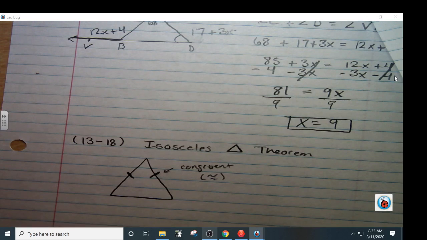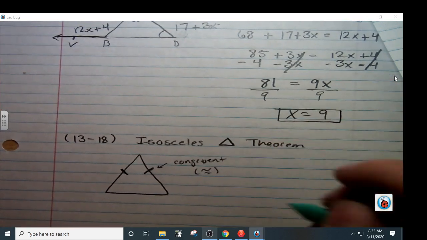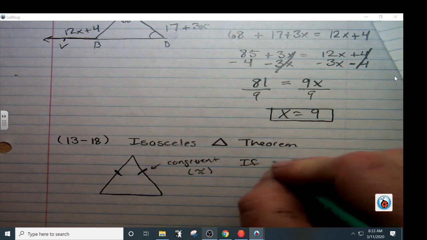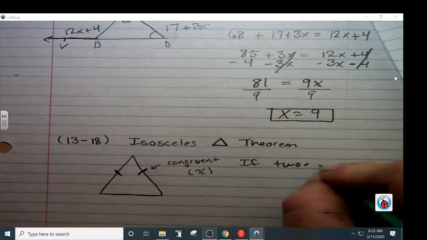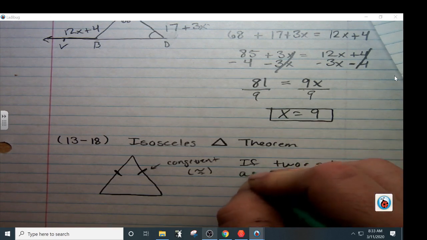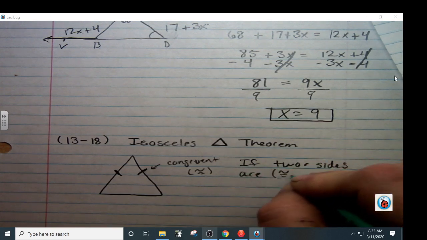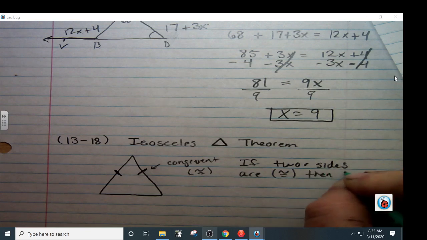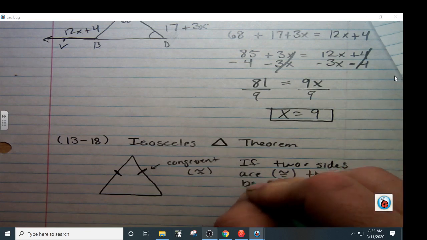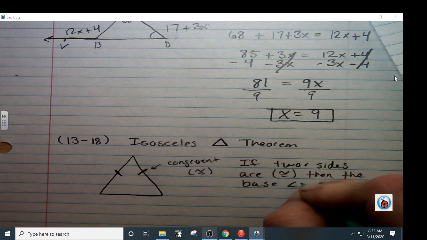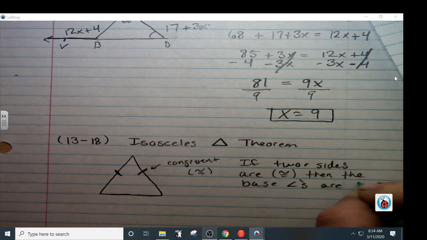Okay, now, also the theorem says if two sides are congruent, then the base angles are congruent.